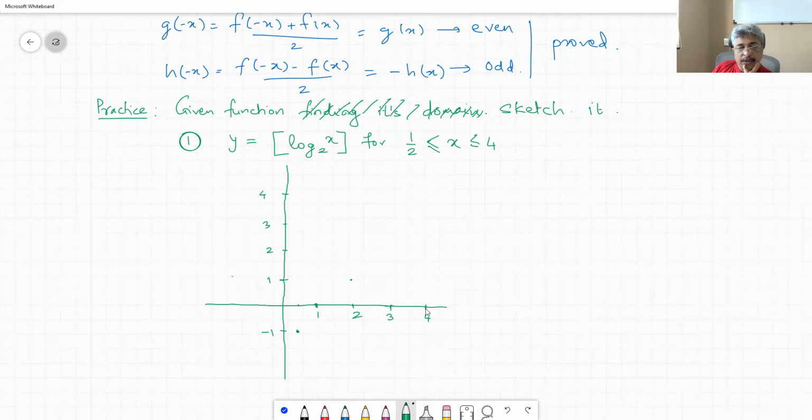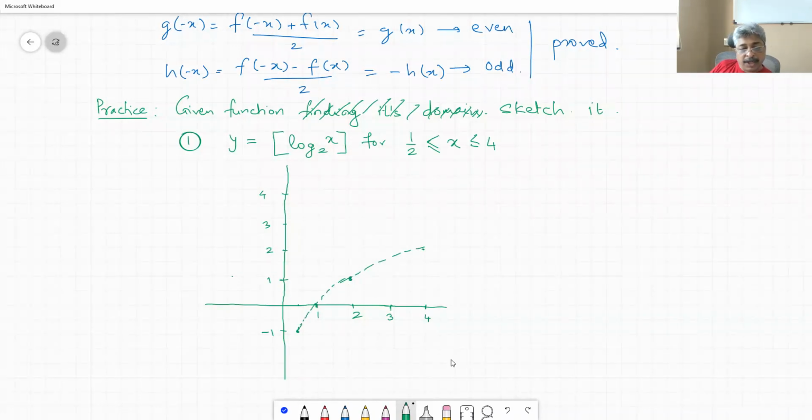When you put x is equal to 4, then y is equal to 2. At this point. So for all practical purposes, your graph of log x to the base 2 is going to look like this.